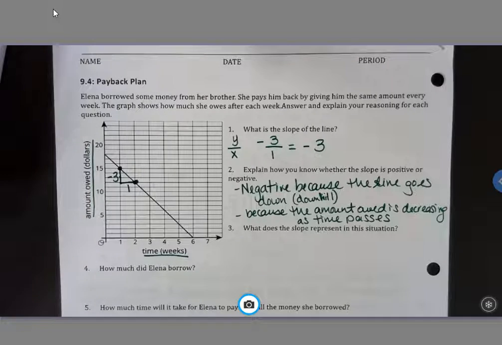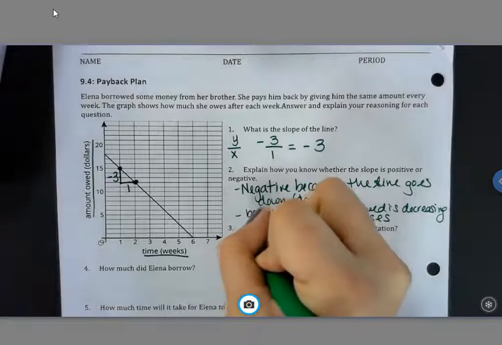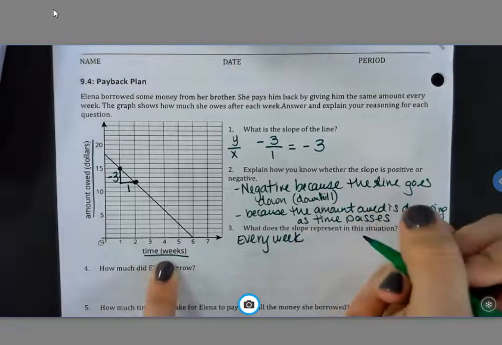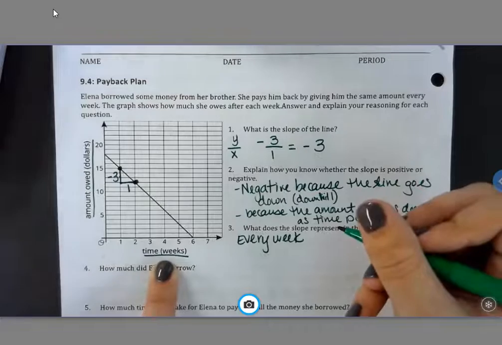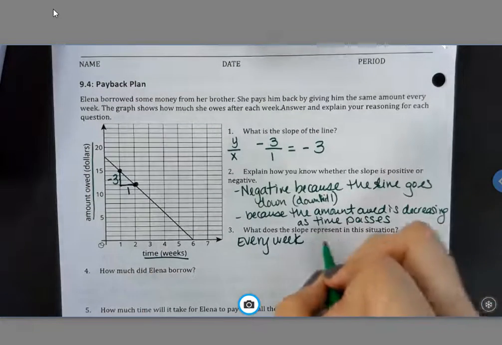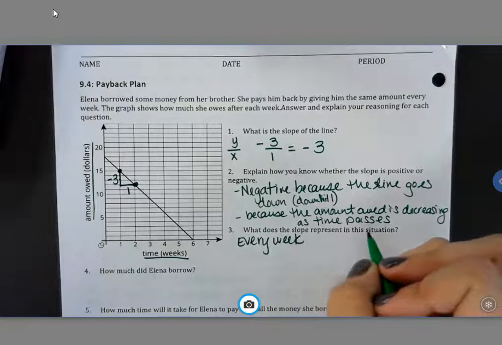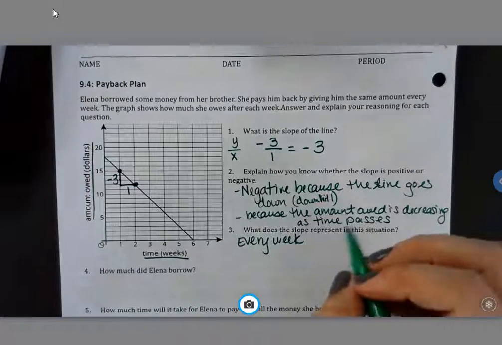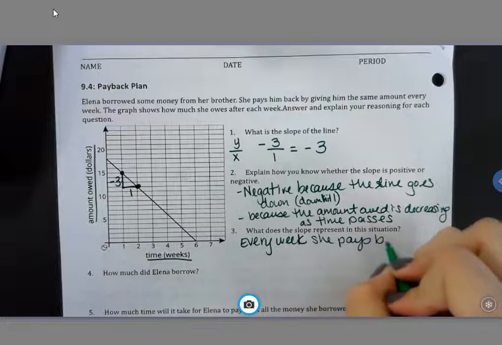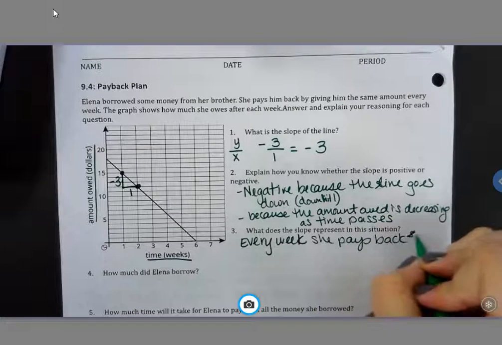So what's happening in this scenario? Well, every week, Alina is giving her brother how much money? $3. So every week, she pays back $3.